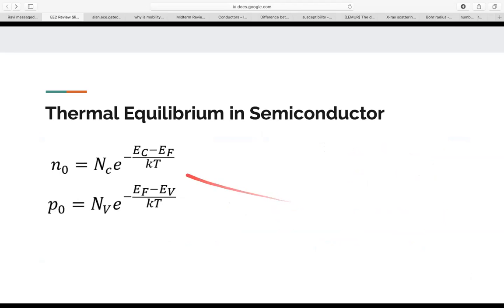If I recall correctly, NC and NV depend on temperature by a factor of T to the 3/2, but you can double check me on that. You can probably find that equation online. And EF minus EV is the difference between the Fermi energy level and the valence energy, and EC minus EF is the difference between the conduction level and the Fermi level.